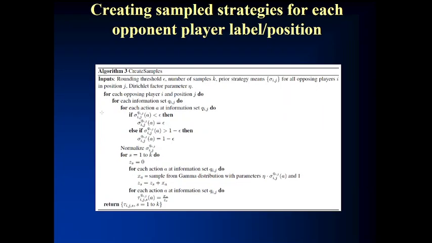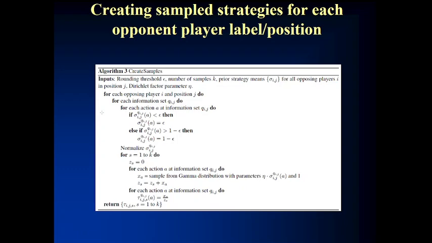So first off, how do we create these samples? Like I said, we don't have a historical database to go by. We are going to assume that we have a prior, a mean for the strategy profile for the other players. And where does this come from? Well, it could be an approximation of Nash equilibrium. It could be, for example, running counterfactual regret minimization or fictitious play.